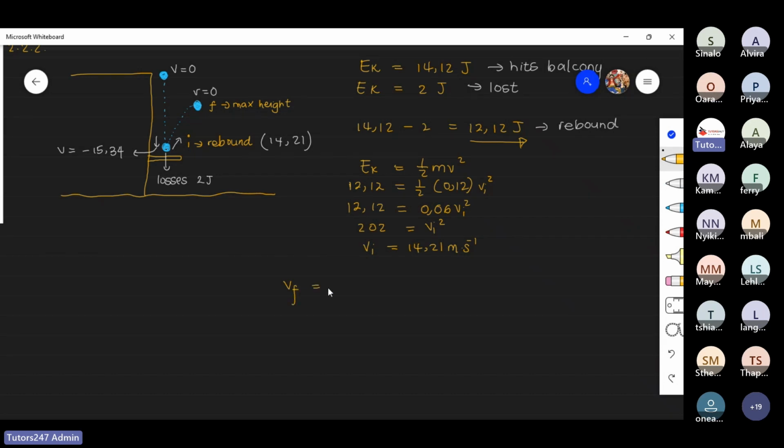Why? Because we do not have time. So this formula has time. I'm going to exclude it. Let's see our next formula. I'm actually not going to write any more formulas. I think this is the one that we are going to use. We have Vf, we have Vi, we have a, and we are looking for displacement. So this is the formula that we are now going to make use of.